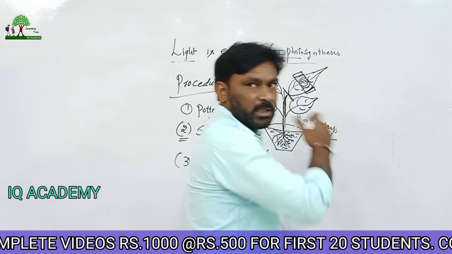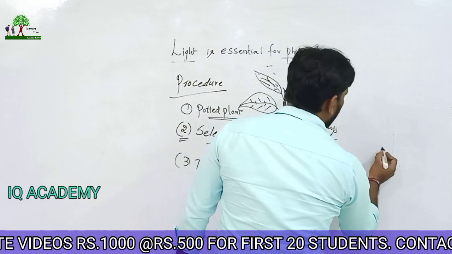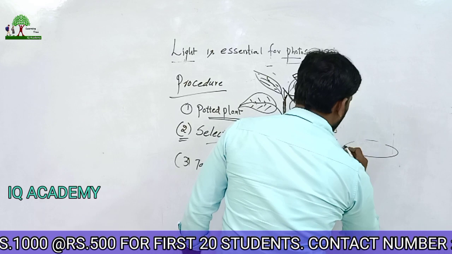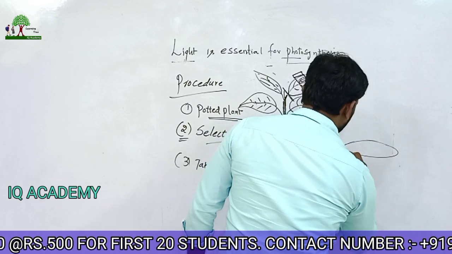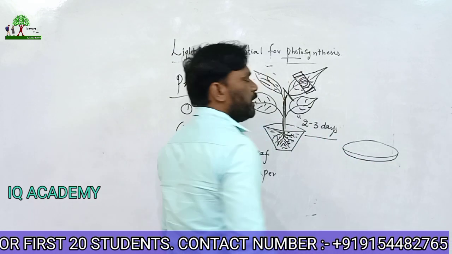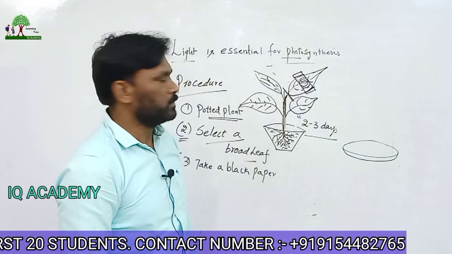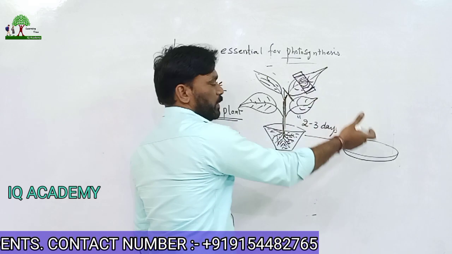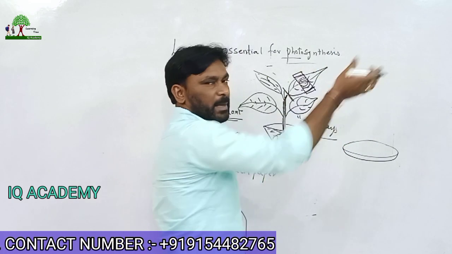We have separated the leaf from the plant and take a petri dish. A petri dish is nothing but a small glass bowl. We have taken a petri dish, place the leaf on this petri dish and remove the paper.